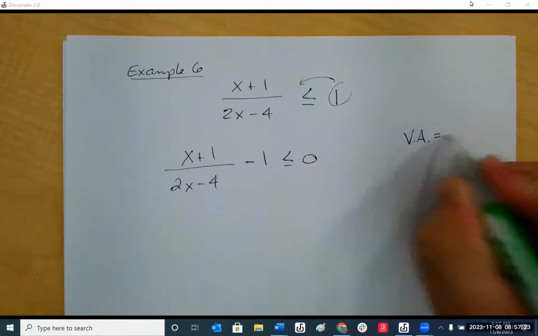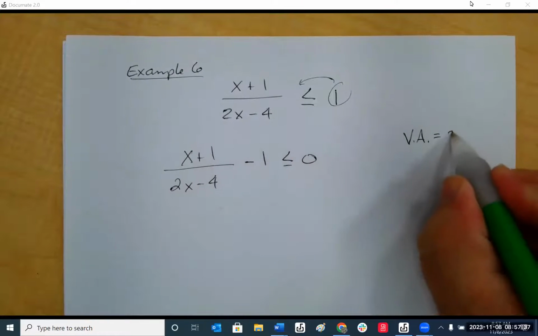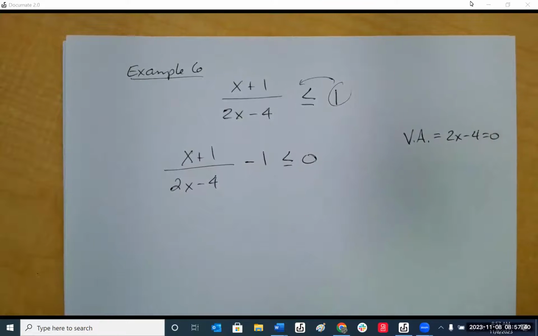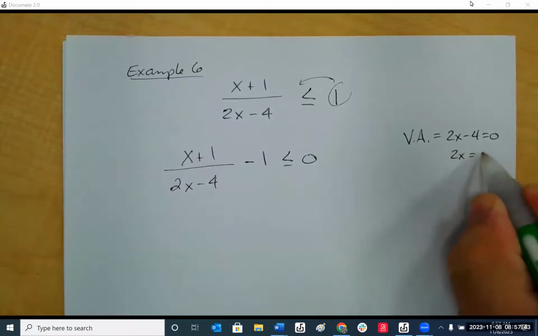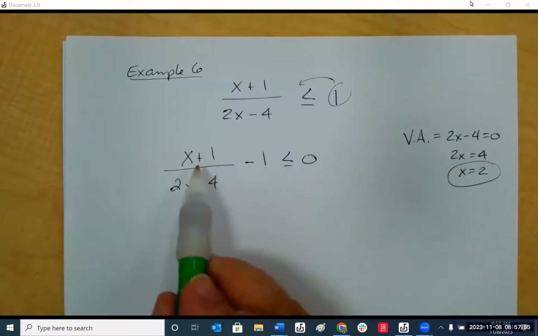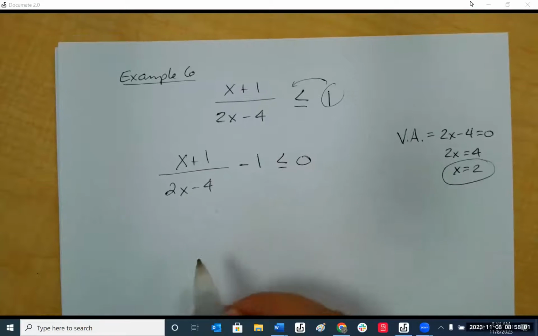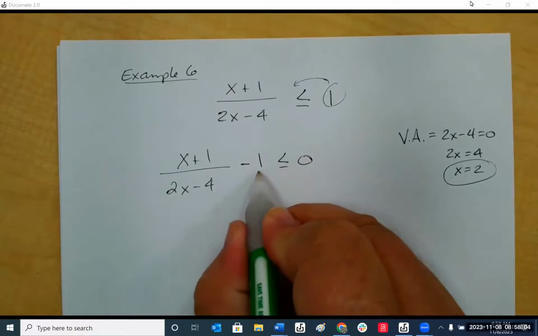What's my vertical asymptote? Take the bottom, set it equal to 0. So the vertical asymptote equals that 2. We have to combine these two. How do we combine them? We have to get a common denominator.